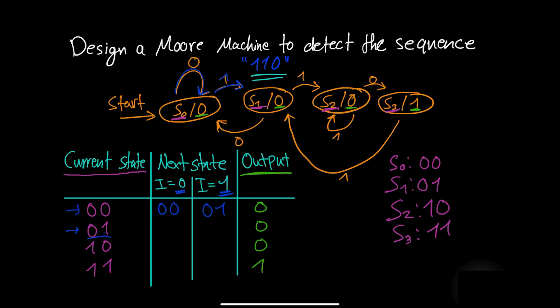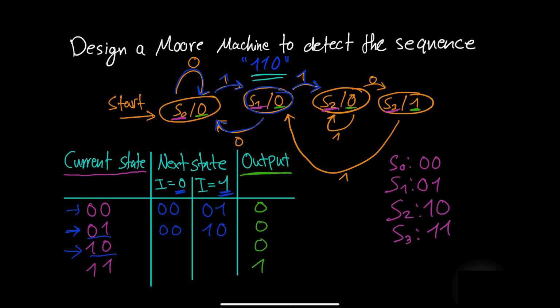Now we are at state 1 right here, and if we press a 0, we go back to state 0. So right here we have 0, 0 representing state 0. But what happens if we press 1? We will go to state 2. So right here we need S2, which is 1, 0.